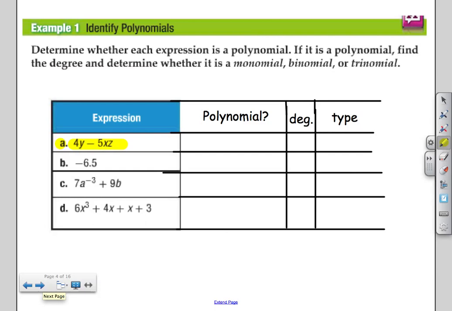Well, yes, it's a polynomial because it's terms that are added together. And what degree is it? It's going to be the sum of the exponents in 4y and 5xz, so it's going to be 2. And the type will be a binomial.